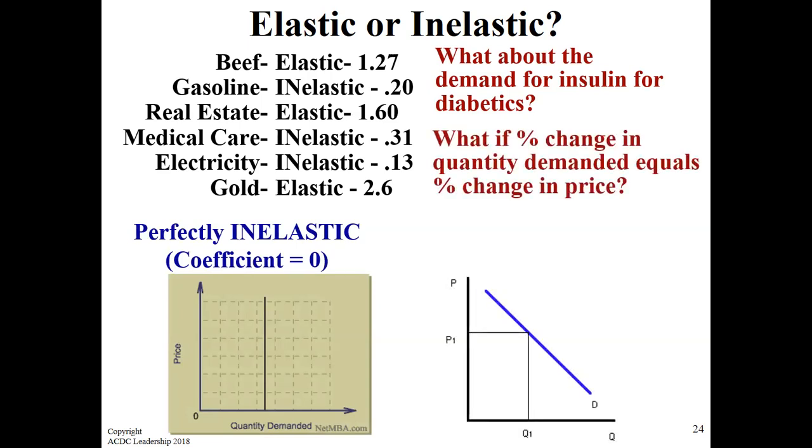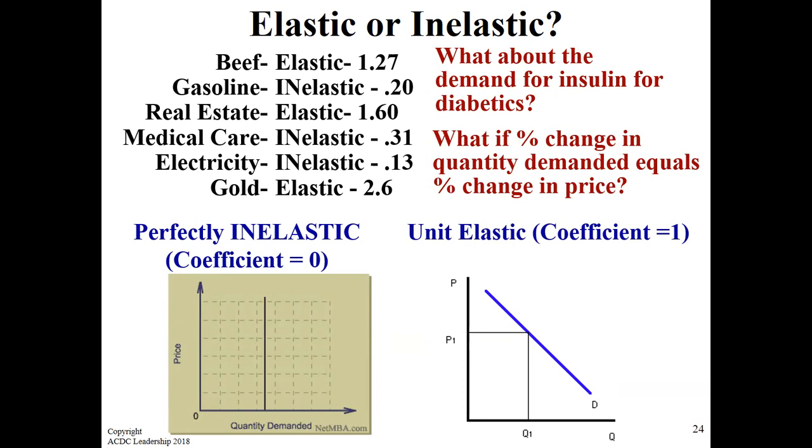Okay, and we'll get to this. This is perfectly inelastic. And perfectly inelastic is what? Quantity doesn't change. No matter what happens, quantity stays the same. Remember, unit elastic, which is usually the point in the middle, the coefficient is 1.